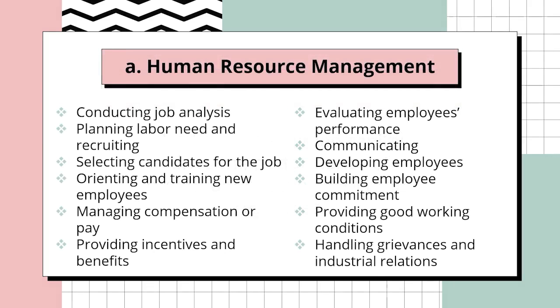So here are the following tasks or functions of human resource management. They conduct the job analysis, planning labor needs and recruiting, so selecting candidates for the job, orienting and training new employees, managing compensation or pay, providing incentives and benefits, evaluating employees' performance, communicating, developing employees, building employee commitment, providing good working conditions, handling grievances, and industrial relations.